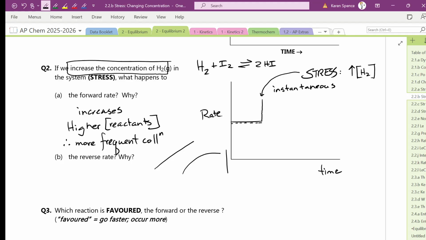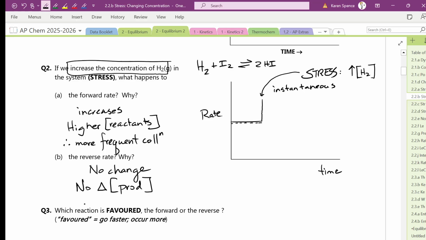Okay? What happens to our reverse rate in that same moment? Nothing. There's no change. Why not? No change in concentration of the products. Therefore, the same number of collisions, same frequency of collisions.